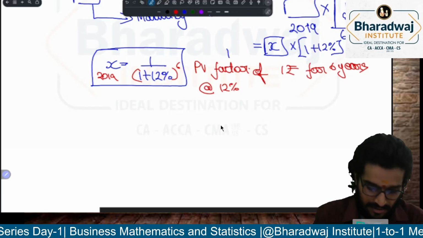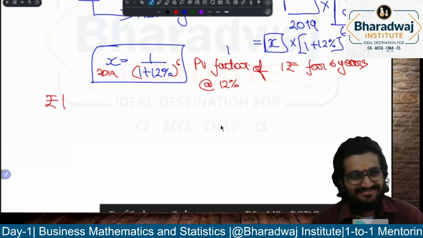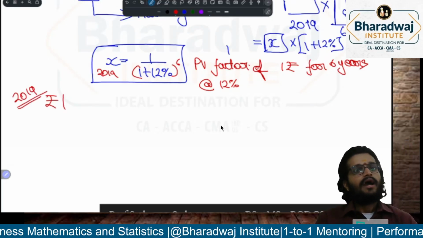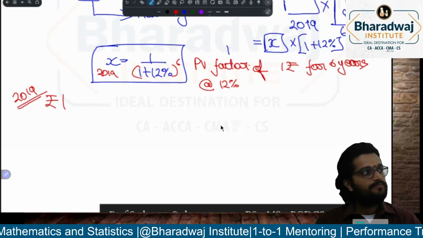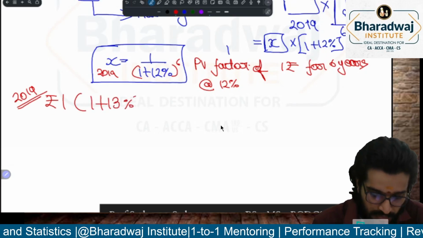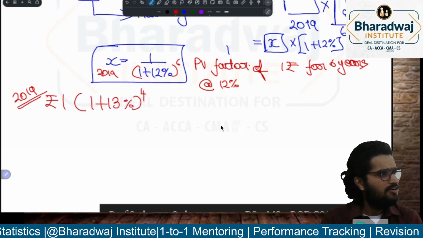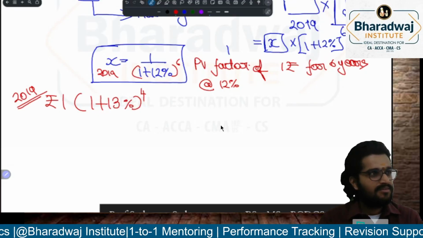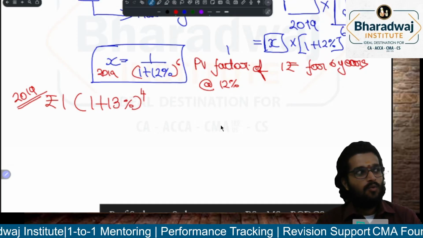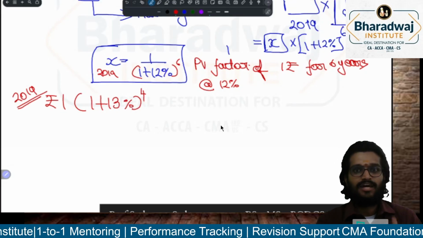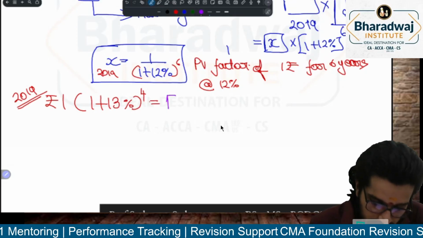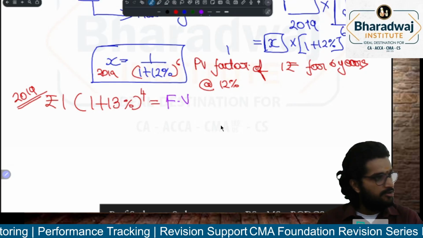Now I have 1 rupee. Again, I am in 2019. I am investing it at a compound interest of say 13% for 4 years, till 2023. What is the maturity amount I will get? I call it the future value.